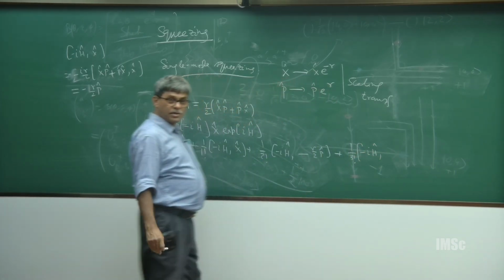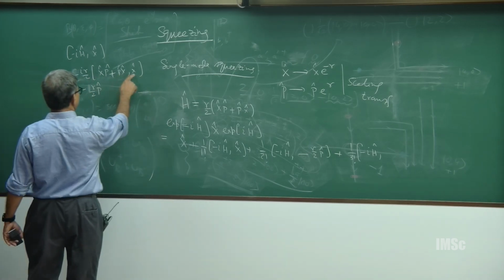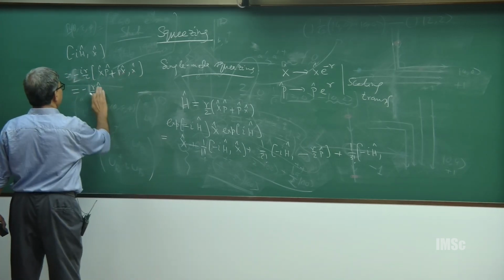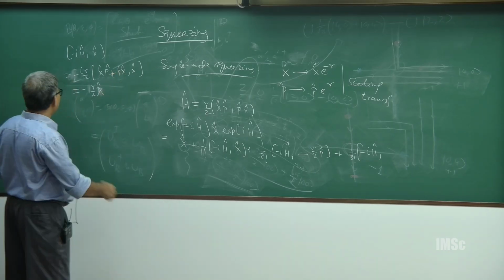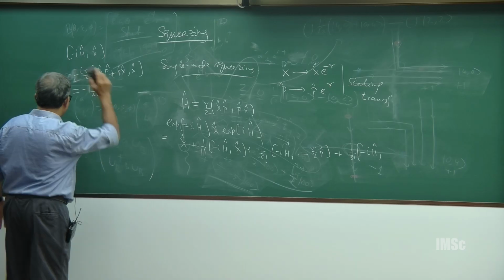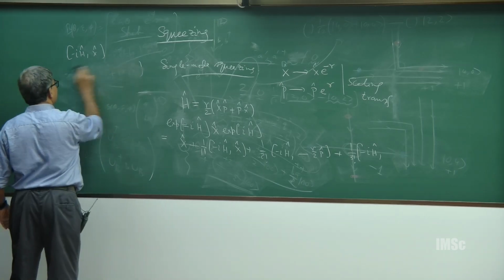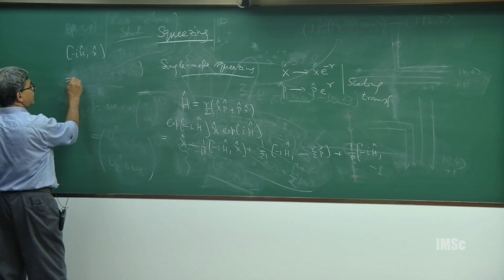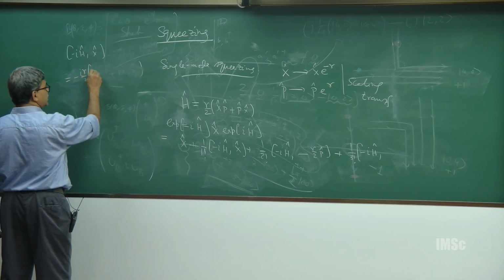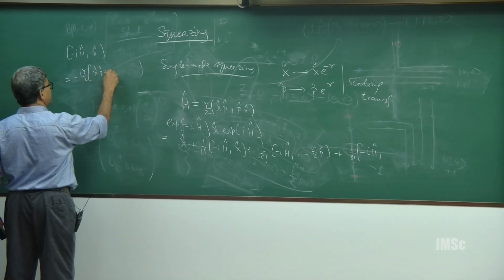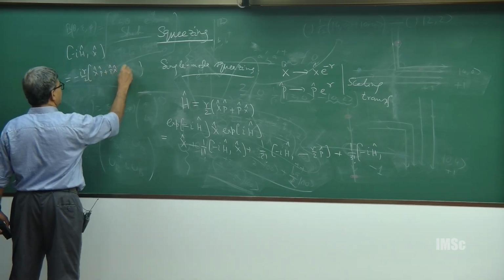X and x will commute, right? X and p will give you... Oh sorry, this is not correct. So this is minus i r by 2, (x p plus p x), comma x.